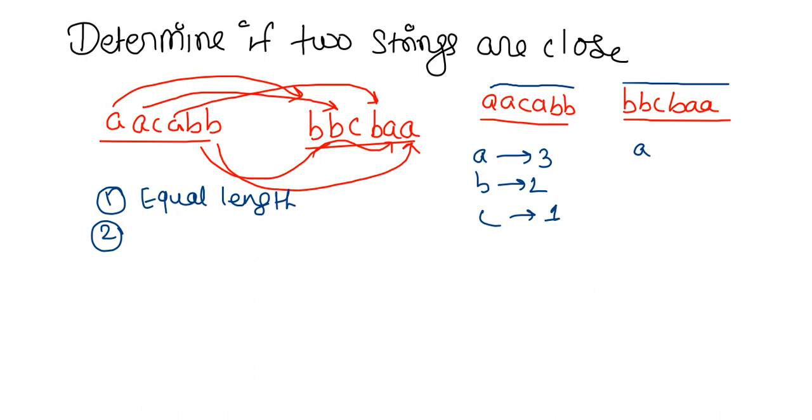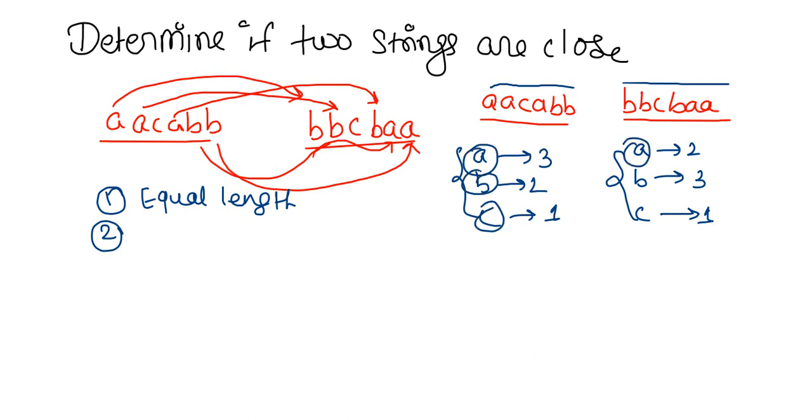Here A is twice, B is thrice and C is once. Both words have the same characters, no extra or different characters. A, B, C. They must have the same characters.